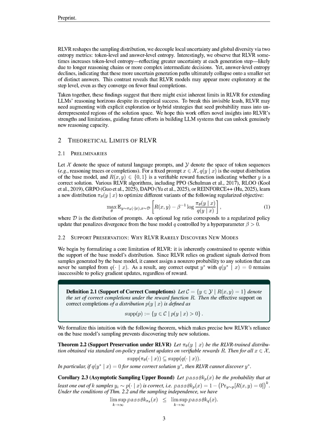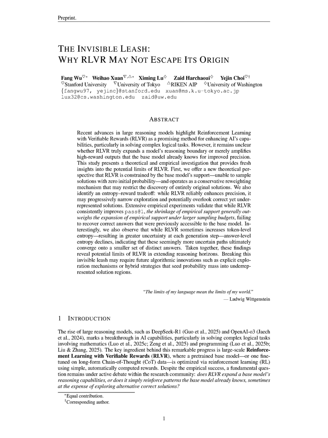First, it begins with a pre-trained base model that generates an output distribution, q(y | x), for a given prompt, x. Next, RLVR employs a reward function, r(x, y), to evaluate the correctness of the generated outputs, guiding the learning process.